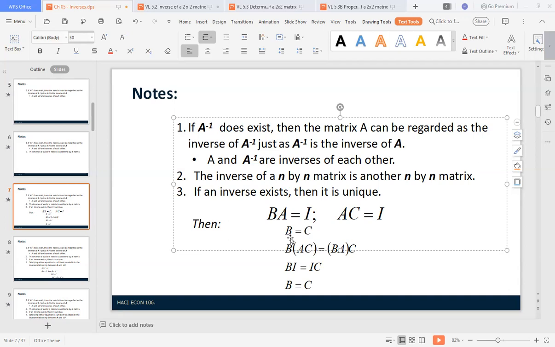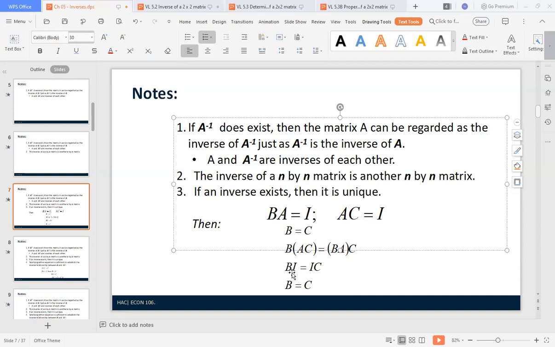According to the proof by parenthesis, it would mean that B would be equal to C because, again, we noted that BA is equal to I, and AC is equal to I as well.